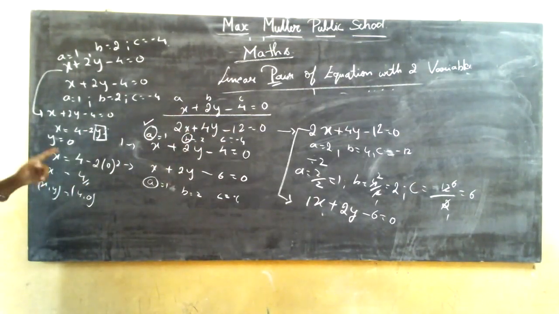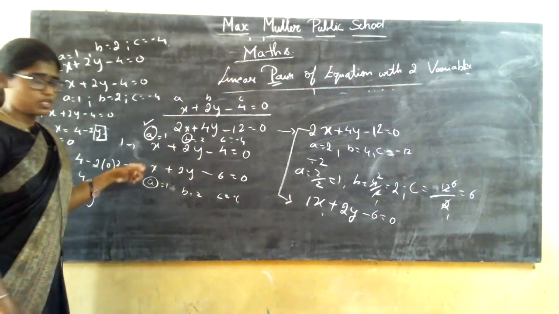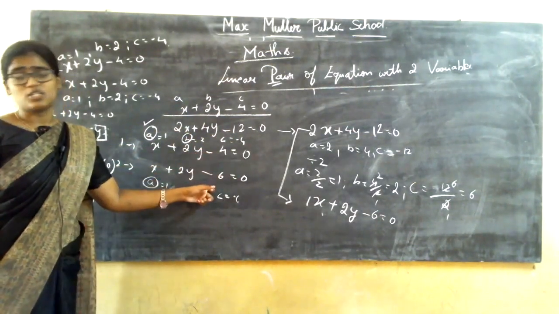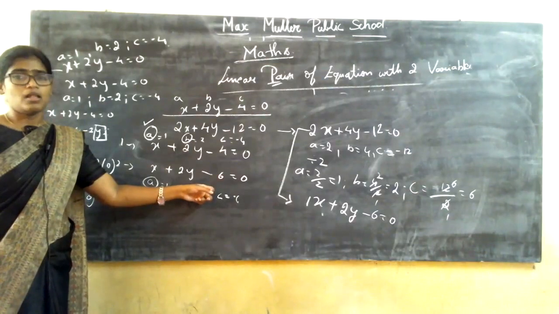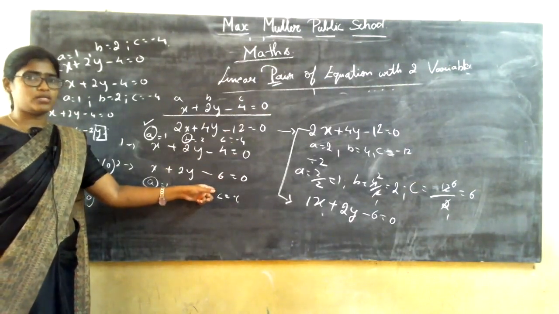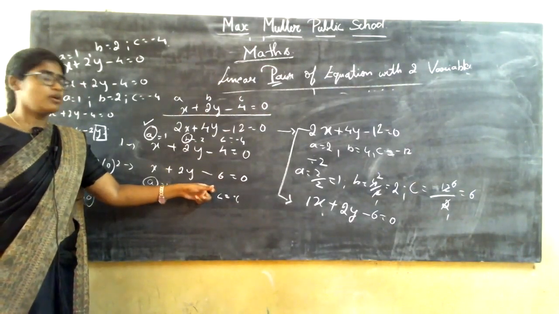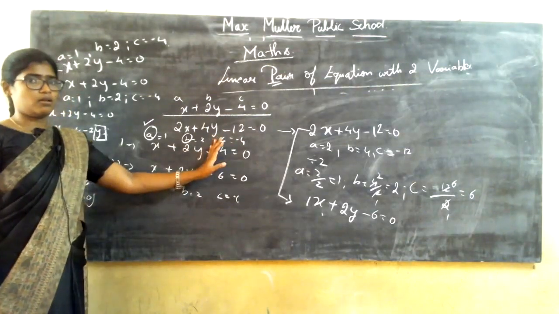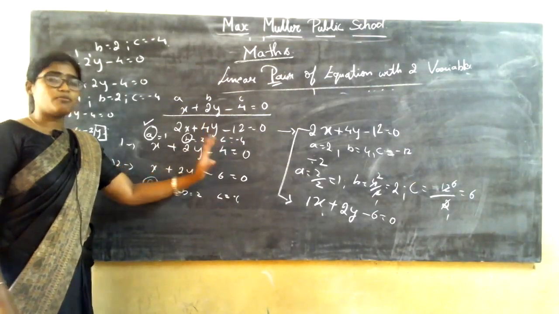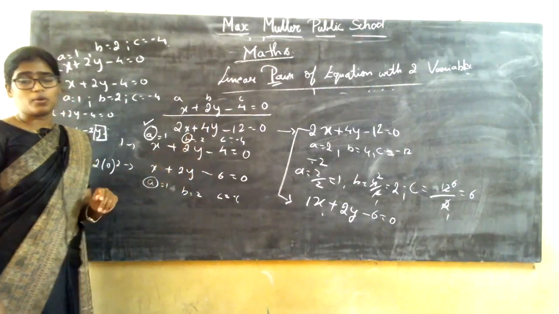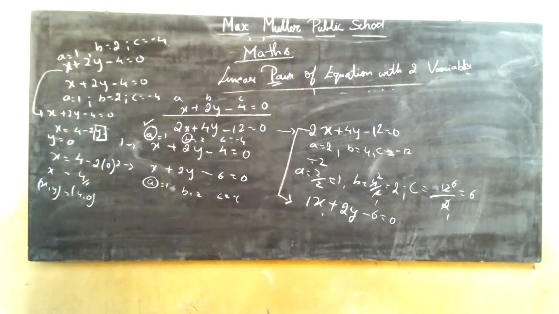Clear about this? Why? Because you have two different equations where the coefficient of c is not the same. The number representing the c value is not the same in both the equations. So it is different. Only one value is different. Clear about this? But only one. If only one value is different, then you are going to say it as a parallel line, not the intersecting lines or the coincident line.